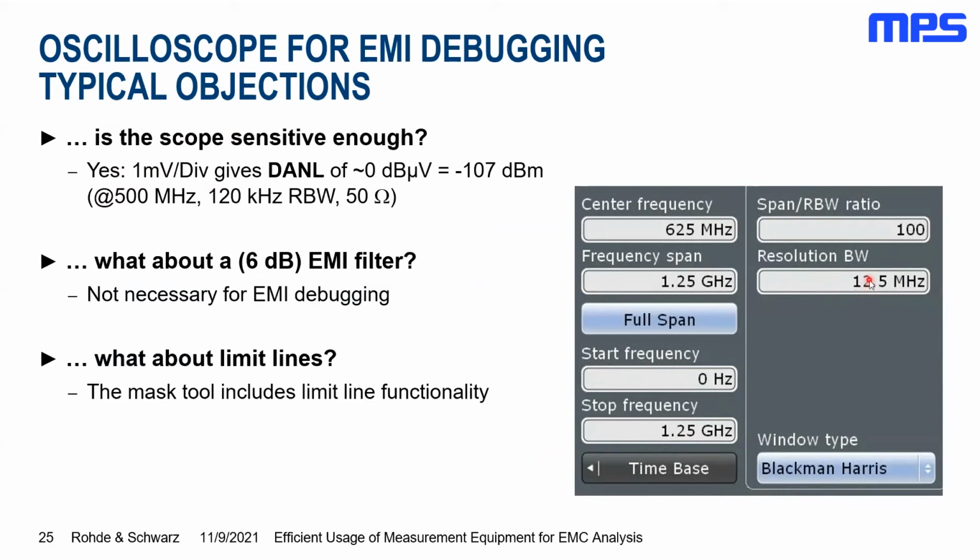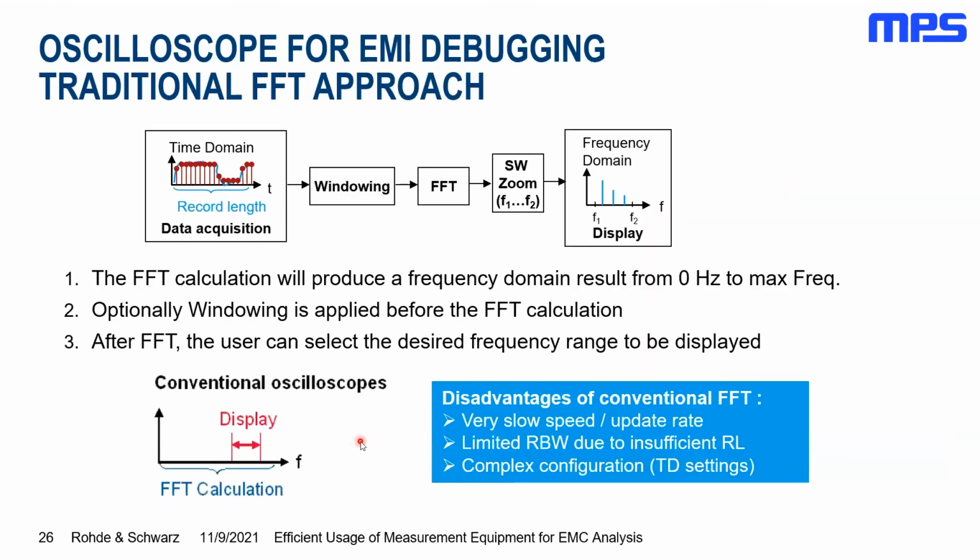But for the debugging process and finding the root cause of EMC issues, this doesn't matter. We only have to consider that we are accumulating more noise from the bottom of the noise floor of the instrument, and that's the biggest difference. We also have a chance to do some mask testing in the time as well as frequency domain, and that's very helpful if we'd like to do some automated testing too.